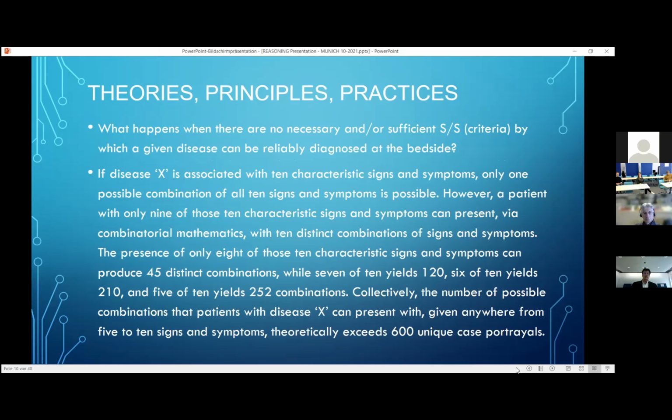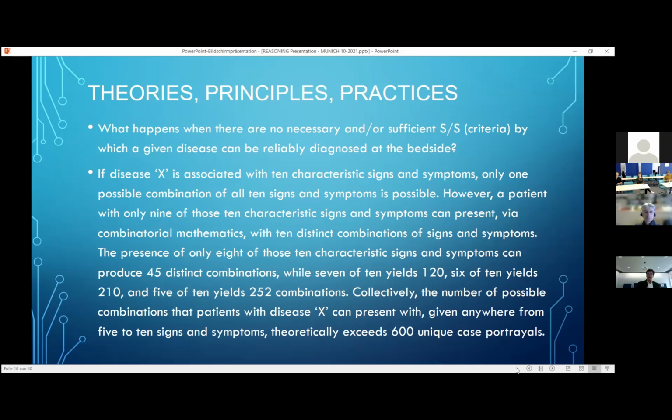Well, let's take a disease X, and let's say that disease X is characteristically associated with 10 signs or symptoms. So there is only one possible combination of all 10 signs and symptoms. However, a patient with only 9 of those 10 characteristic signs or symptoms can present via combinatorial math with 10 distinct combinations of those signs and symptoms.